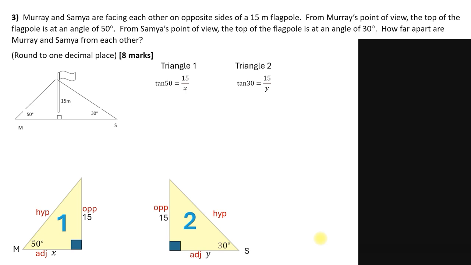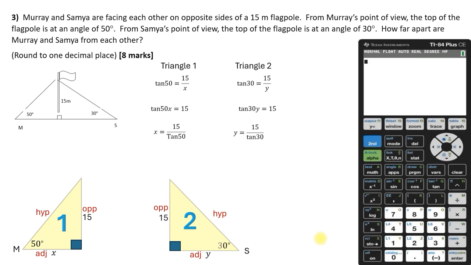Going back to triangle 1, we can say that tan 50 times x equals 15, and for triangle 2, we can say tan 30 times y equals 15. X equals 15 over tan 50 for triangle 1, and y equals 15 over tan 30 for triangle 2.